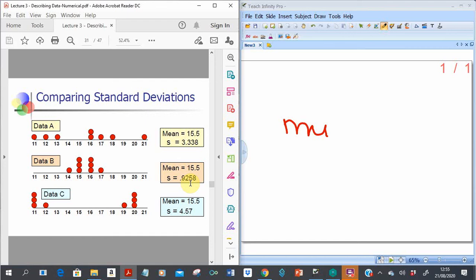And in dataset C, we can see that there's a big gap between the values, and the standard deviation is 4.5. One thing to take note of here is that the means of these datasets are all the same, but we can see the difference in variations.